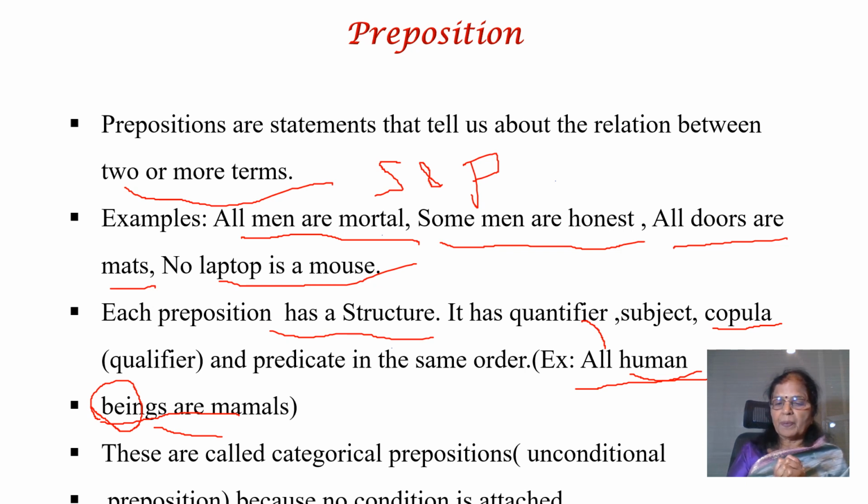The statement or the premises categorically says the relationship between the subject and predicate, whether this is that or this is not that, or these are these and these are not these. So they categorically state the relationship between the subject and predicate. That is why we say it categorical preposition, no conditions attached. All right.